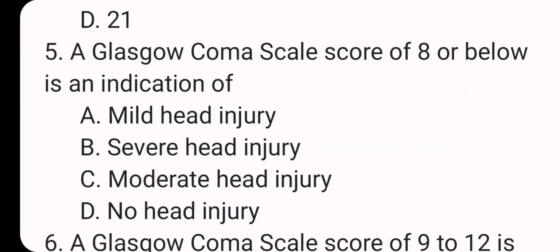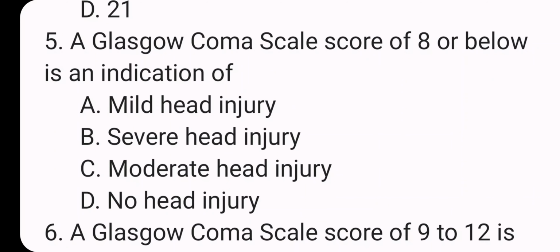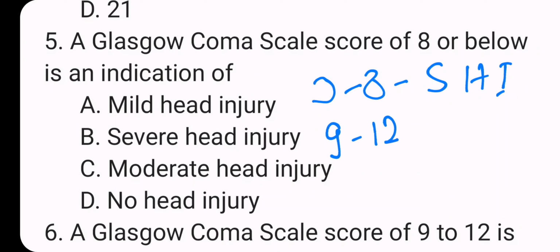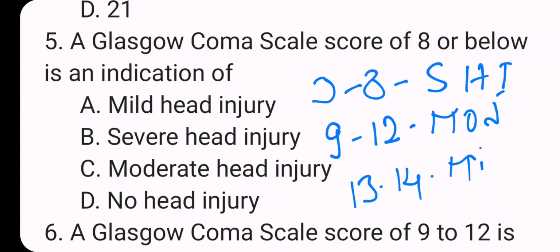Next question: a Glasgow Coma scale score of 8 or below is an indication of. I have already told you 3 to 8 means severe head injury, 9 to 12 moderate, and 13 to 14 mild.